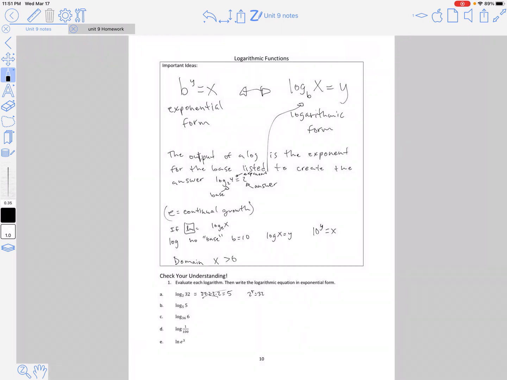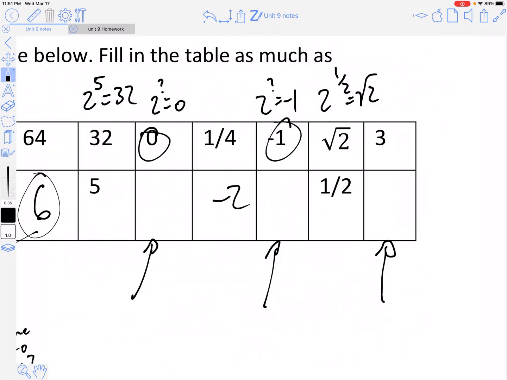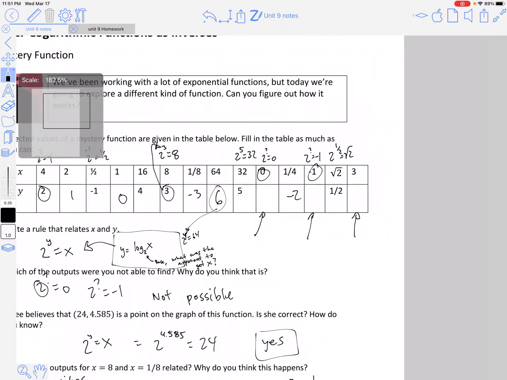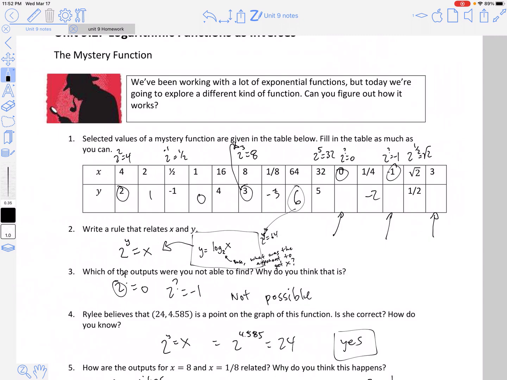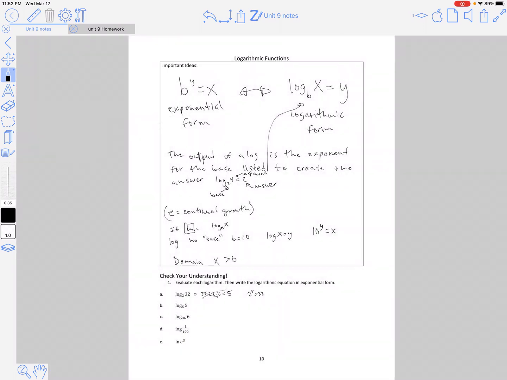You can't put in negatives. Why? Think back here, right? 2 to the what equals 0. 2 to the what is going to give us a negative. An exponent won't ever create a negative number. If we have a negative exponent, remember, it creates a fraction. So that's why we have that domain restriction. All right, sounds good.